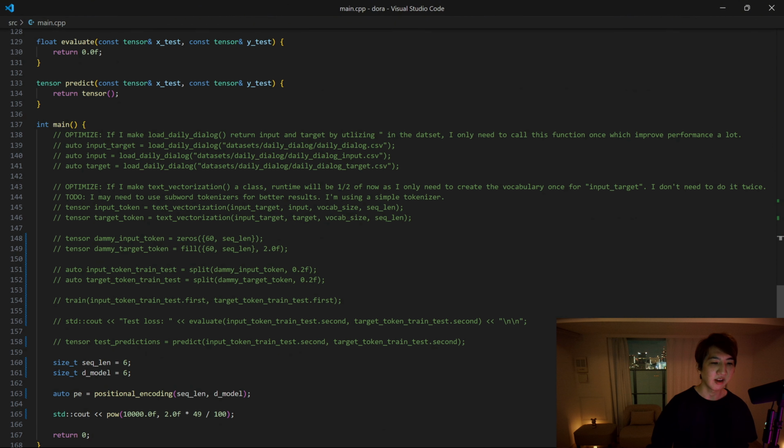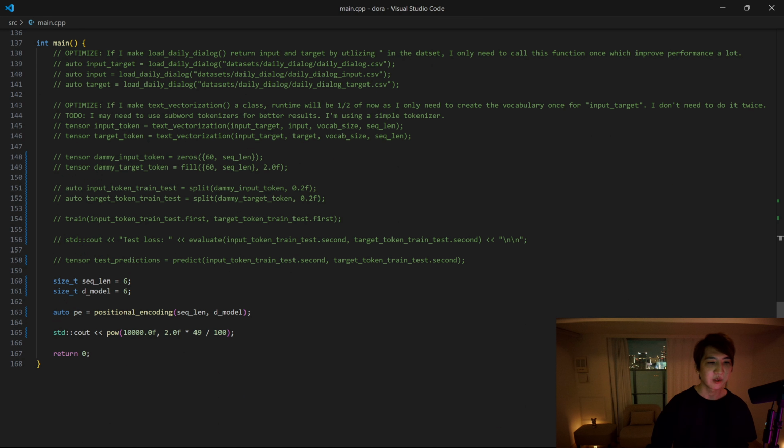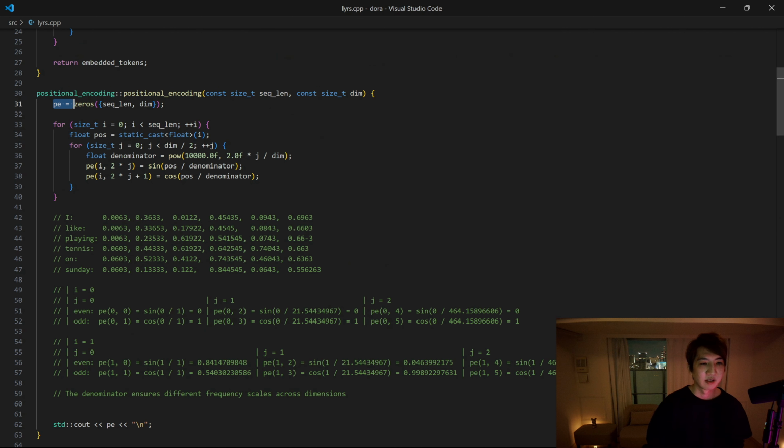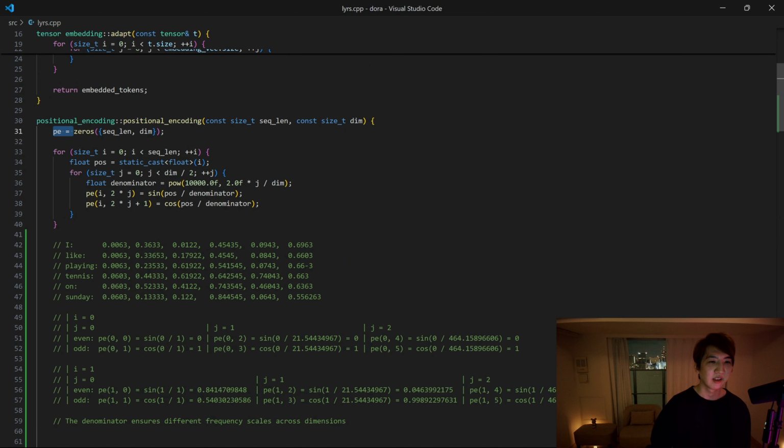It has to be the same because you are adding to the embedding matrix later. So we go through the loop. First, we create a denominator, which is 10,000 to the power of 2 times the index, divided by the dimension.